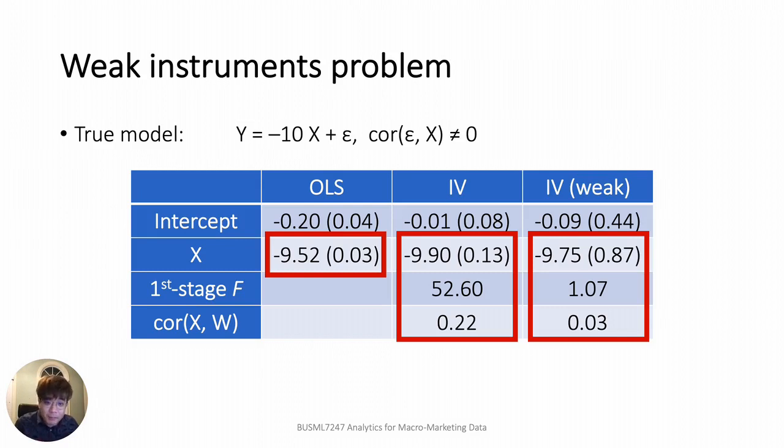The relatively big standard error says the estimate is statistically indistinguishable from the true value, though. The relatively big standard error also means a low statistical credibility of the estimate. And as you can see, the correlation with the endogenous variable is too low, and the first stage F statistic is also low.